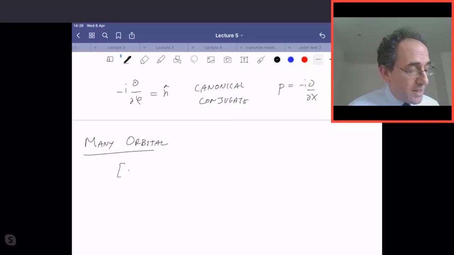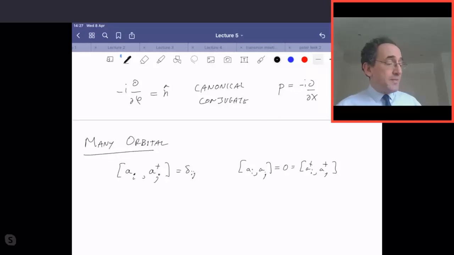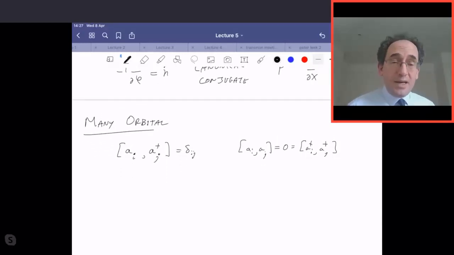So the commutation relations will be [a_i, a_j dagger] equals delta_ij, and all the creations commute with each other, and all the annihilations commute with each other: those commutators equal 0. So this allows us to describe states with multiple bosons in them, and multiple bosons at multiple sites. So |0> is the vacuum, no bosons at all.